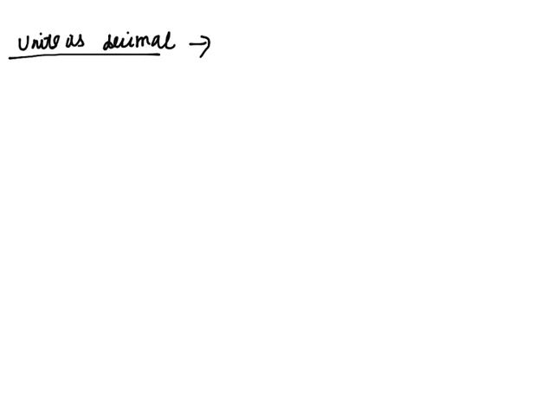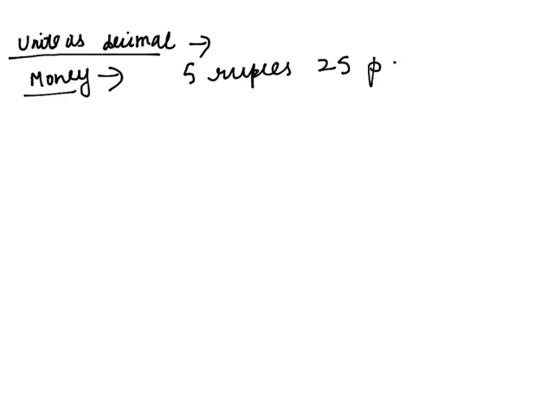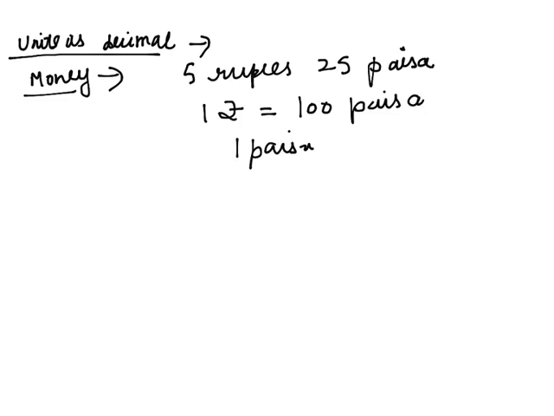Next we have how we write units as decimals. First we have money. Suppose I bought a pencil for 5 rupees and 25 paisa. How do I write the full amount as a decimal number? We know 1 rupee is equal to 100 paisa, so 1 paisa is equal to 1 by 100 rupees, the 100th part of 1 rupee.